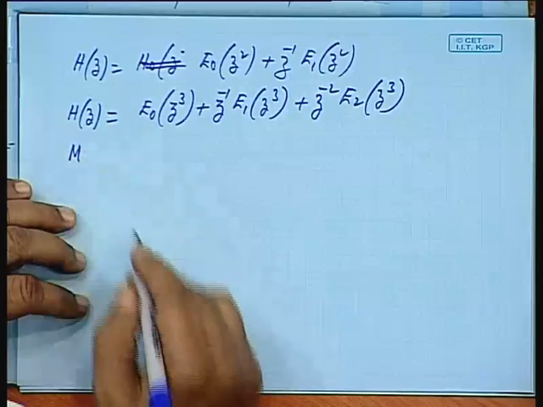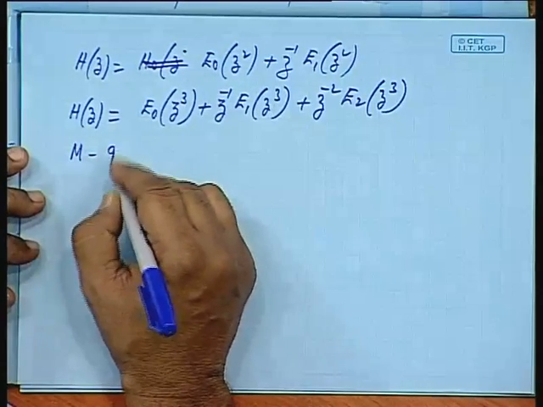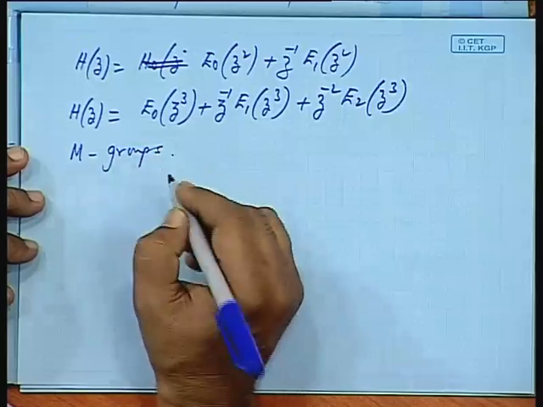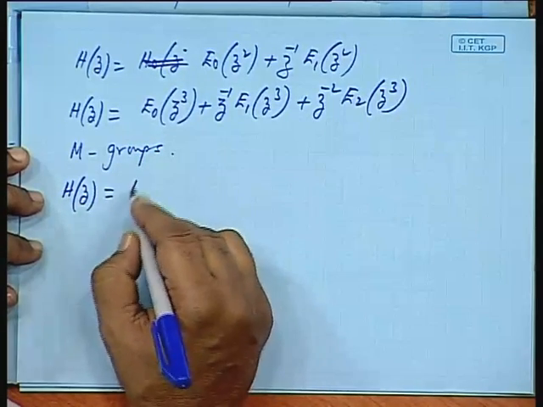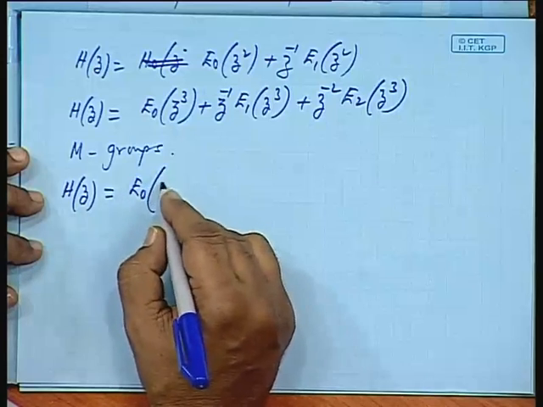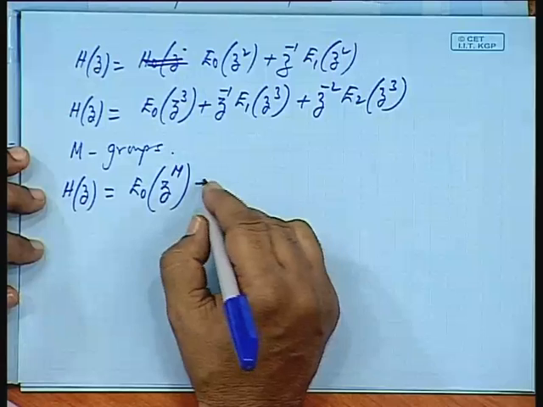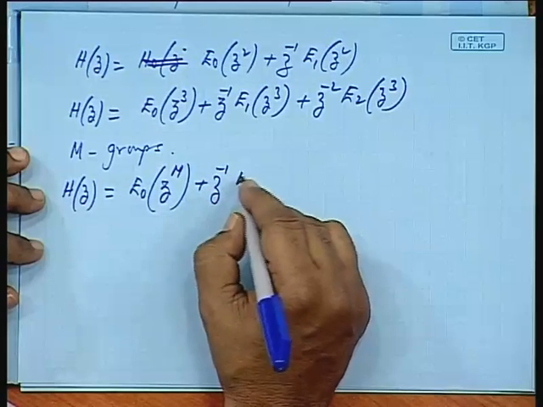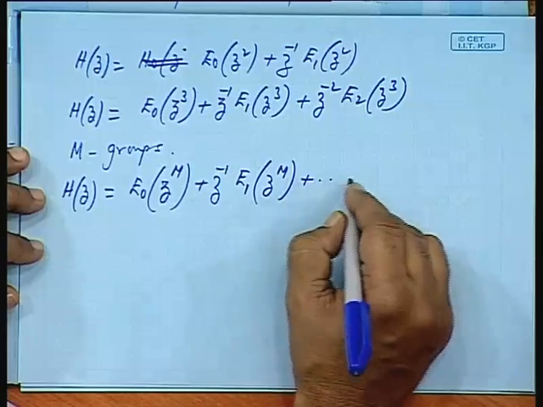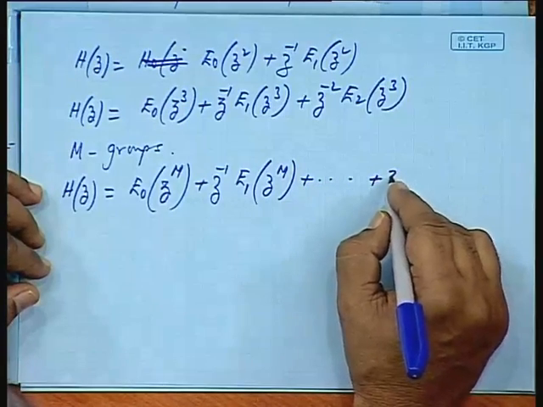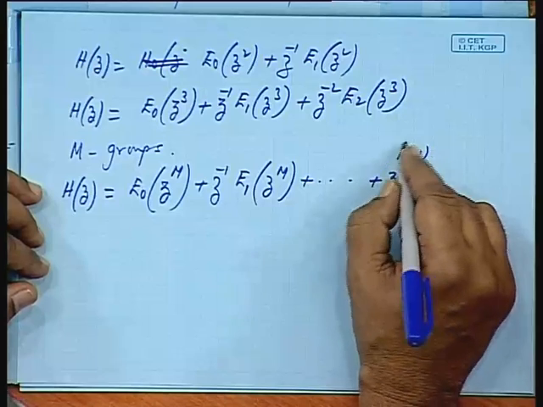if I have m such groups, Hz can be written as E0 z to the power m plus z inverse E1 z to the power m. Last term will be m minus 1.